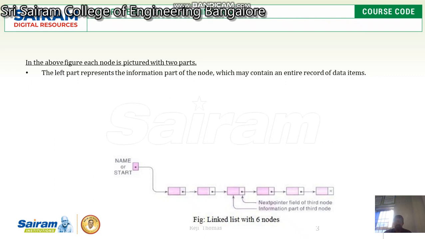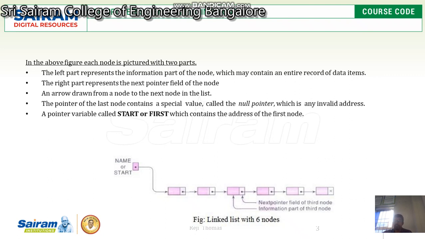If you look at the last node, you can find a cross mark, which means the last node does not have any address. So please take care of the variable known as start, first or name, which contains the address of the first node.